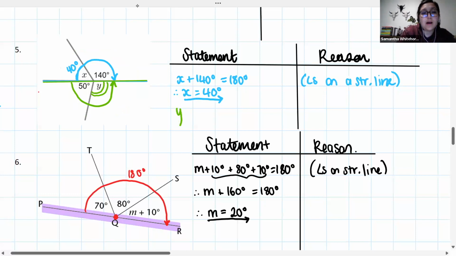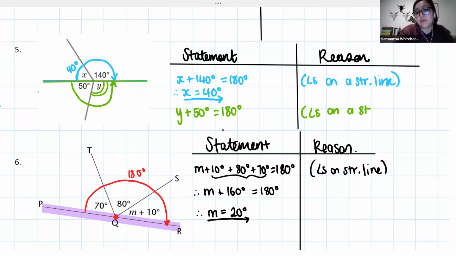And so Y plus 50 must give me 180 degrees. Remember I said this is a new angle, so we need to give a reason to it as well: angles on a straight line. Or if you're using 140 plus 40 plus 50 plus Y equals 360, your reason would be angles around a point. Both are absolutely fine.